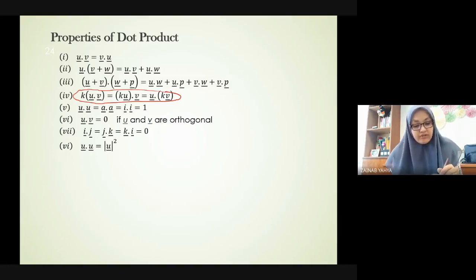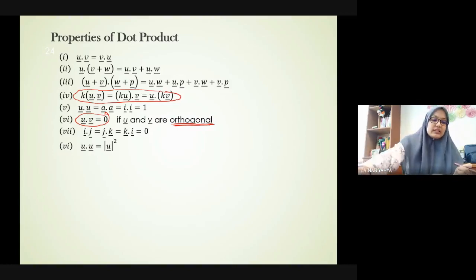If u dot v equals 0, we say the vectors u and v are orthogonal. What does orthogonal mean? Is there a synonym of orthogonal? Anyone? Come on, anyone. What is meant by orthogonal? u and v are orthogonal.